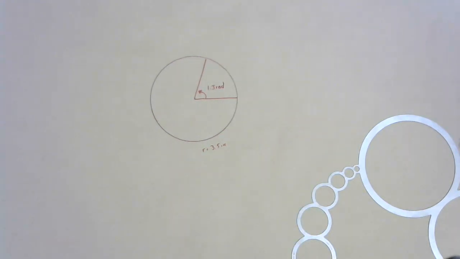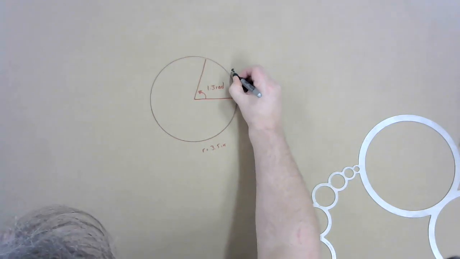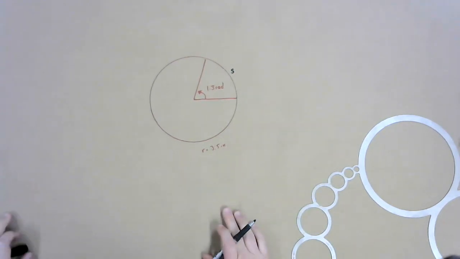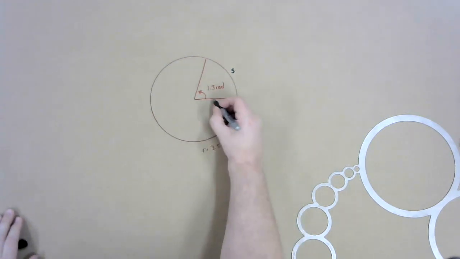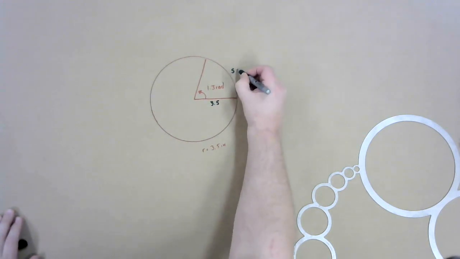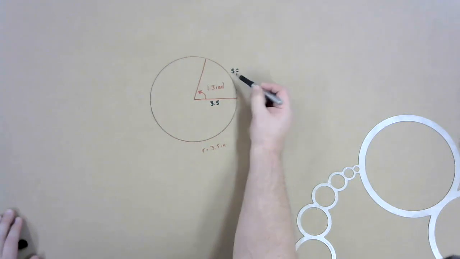Let's say we have a radian measurement for clarity. The nice thing about our definition is that if we have any two of these pieces of information, the radian measure for the angle, the radius of the circle, or the arc length, we can find the third.